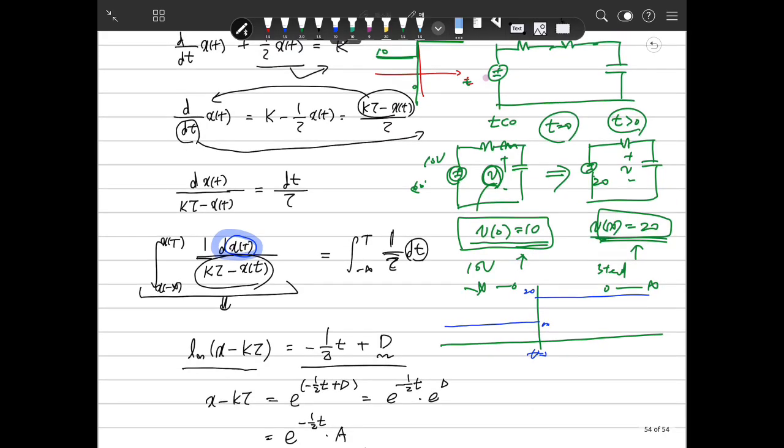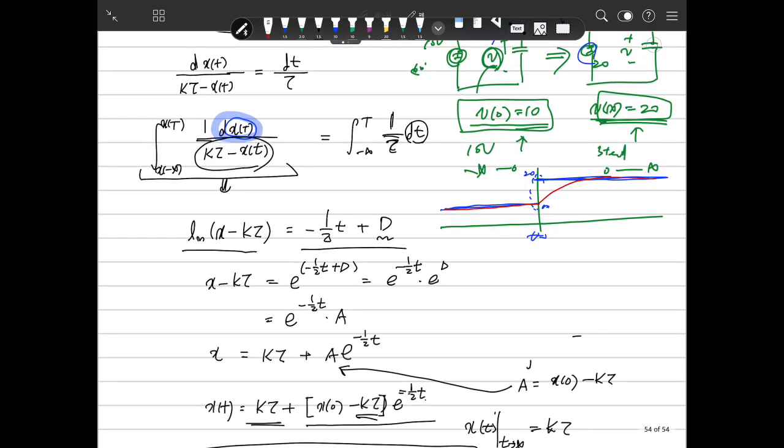So even though 20 volts is the new steady state, it cannot happen immediately. Based on the resistor and source, there will be some transient in this area, and the voltage will increase in this way. So that is the complete solution.